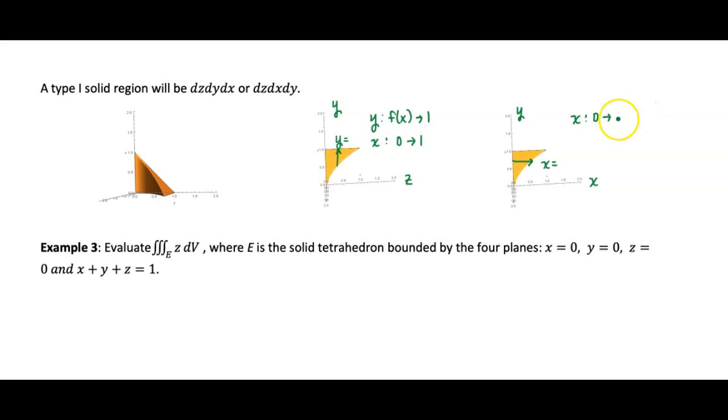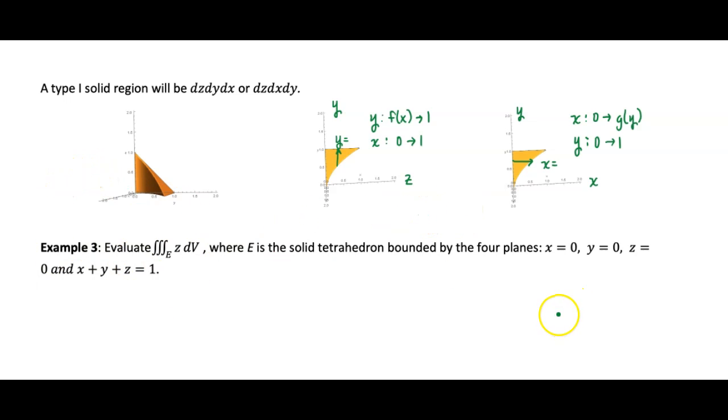So we can write that g of y. And then y just goes from 0 to 1. So we have the two different types of type 1 solid regions. So there are 6 different types of solid regions we can find.